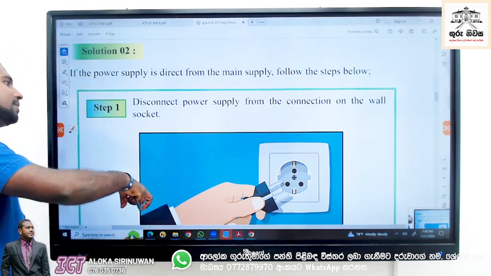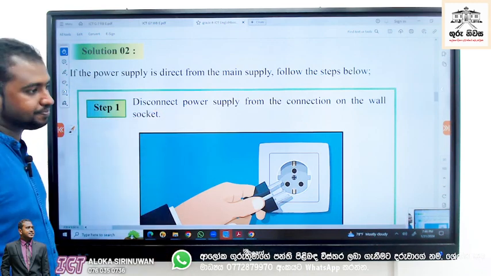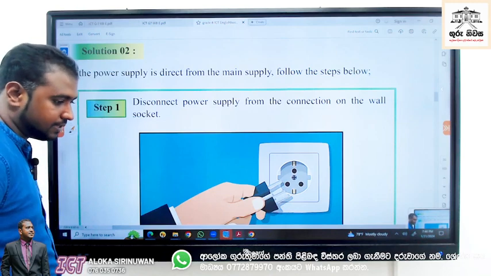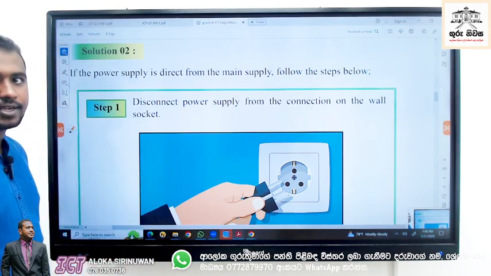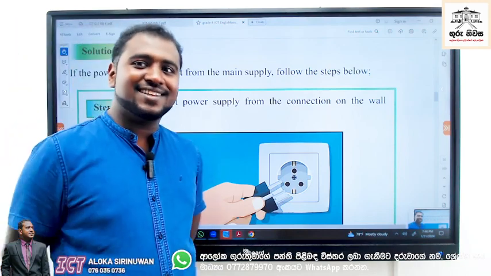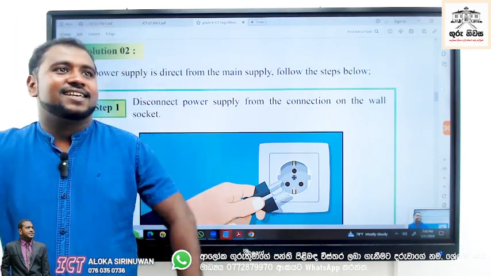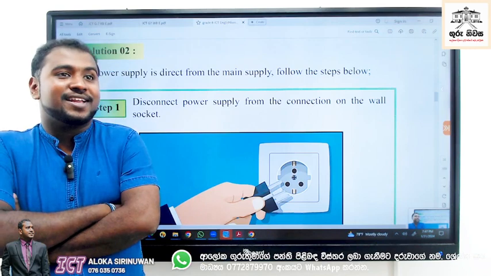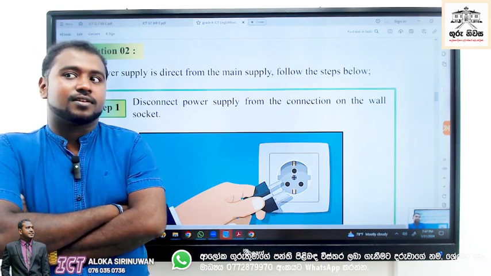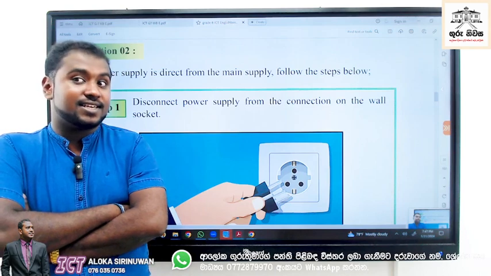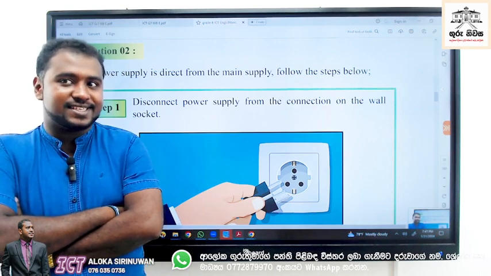Now in this solution, UPS is not there. You are taking AC current. What is AC current? Alternating current. Very good. Now what is DC current? Direct current.